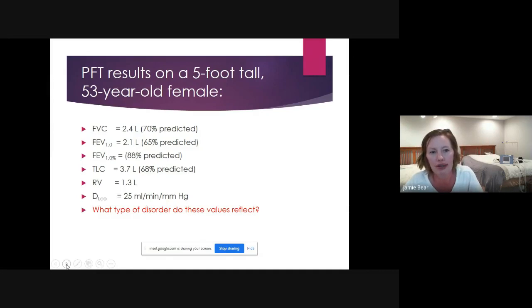Okay. PFT results on a 5-foot tall, 53-year-old female. FVC is 70% of predicted. FEV1 is 65% of predicted. The FEV1 ratio is 88% of predicted. The TLC is 68% of predicted. DLCO is 25 milliliters per minute per millimeter of mercury. What type of disorder do these values reflect?